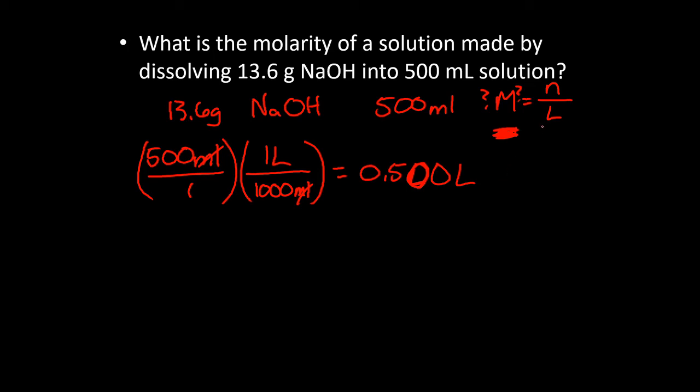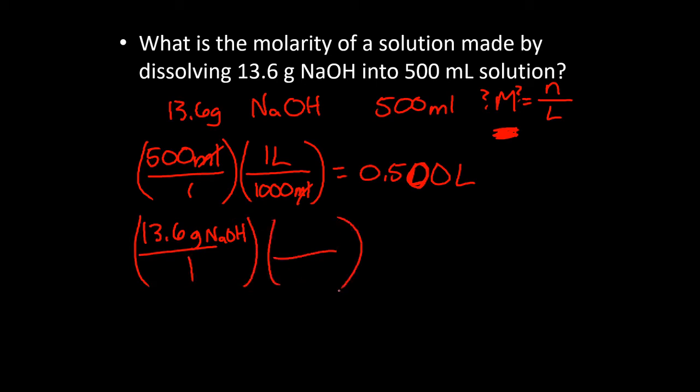To find the number of moles, I need to take the mass that I'm given and convert that to moles. So I have 13.6 grams of sodium hydroxide. And if I look up sodium hydroxide in the periodic table, I believe it comes out to 40, if I remember correctly.